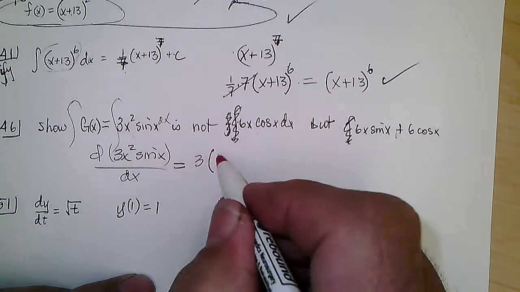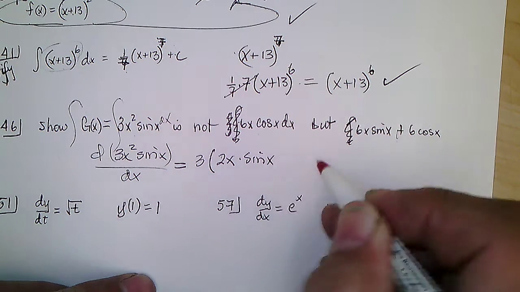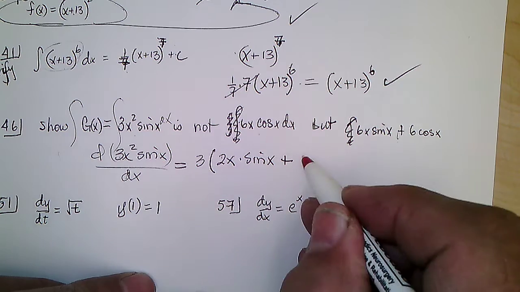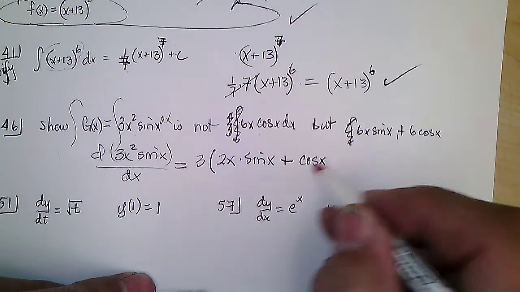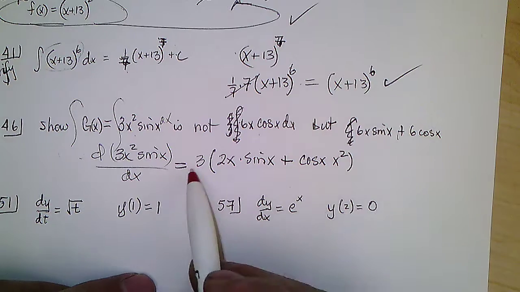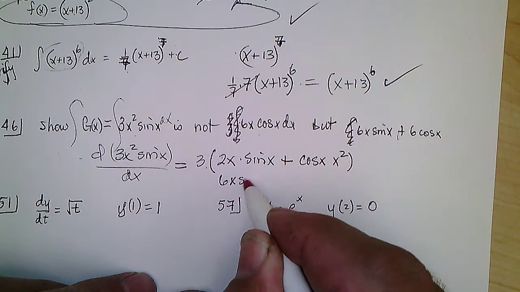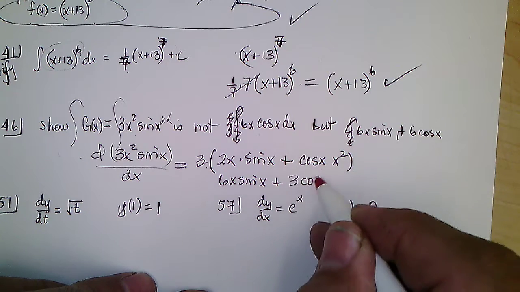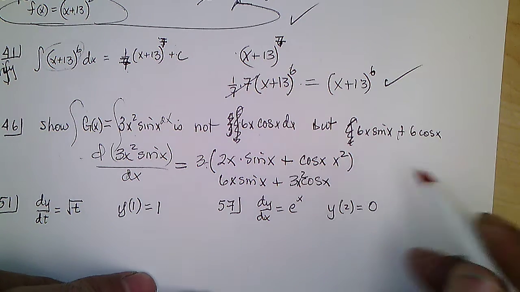The derivative of x squared is 2x times sine x plus the derivative of the second, which is the sine of x. Derivative of sine of x is cosine x times the first, which is x squared, and I pulled the 3 out. And I can multiply back in, and you can see that this is going to be 6x sine x plus 3 cosine of x times x squared.